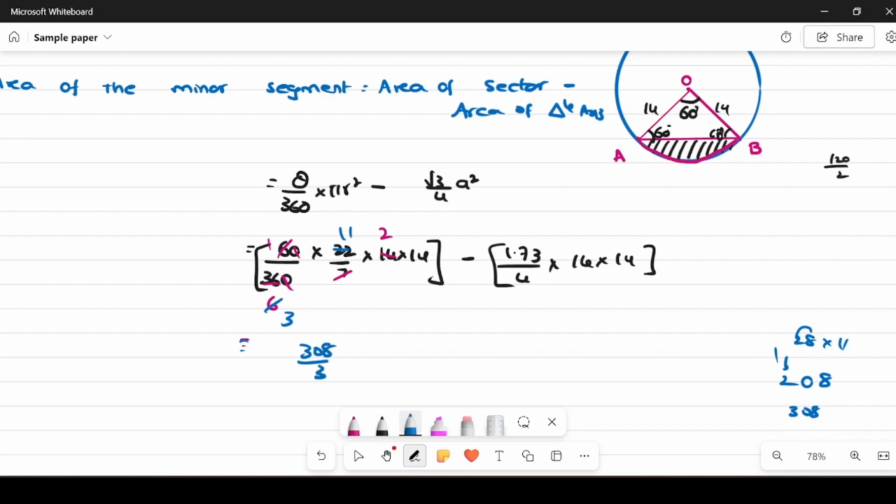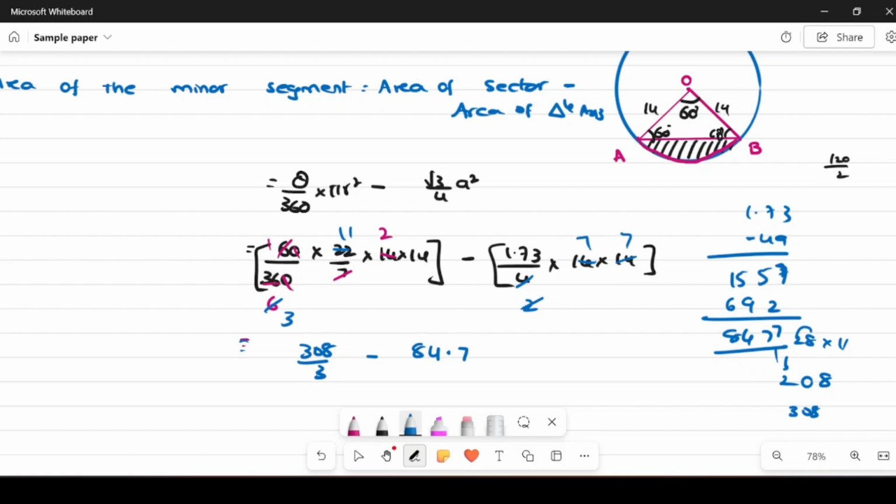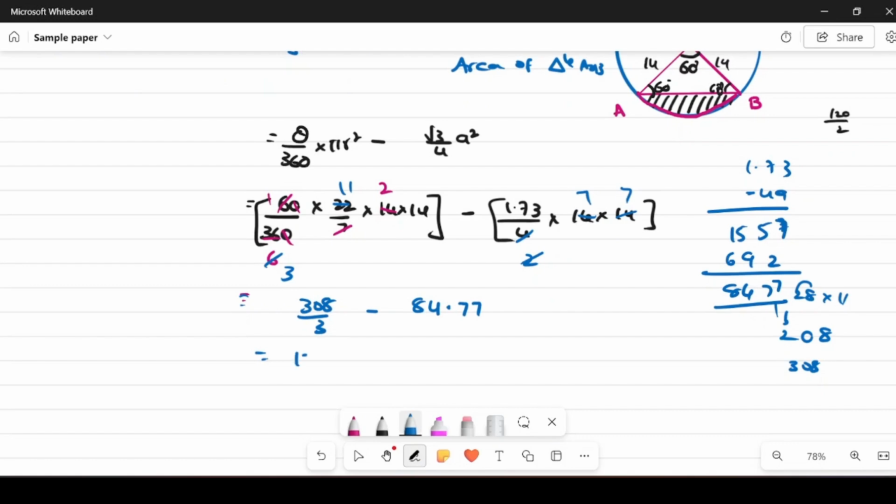308 by 3 minus, we can cancel here 2 times, here 7 times, again 2 here 7 times. So 1.73 into 49, which is 84.77, and 308 by 3 gives 102.66.